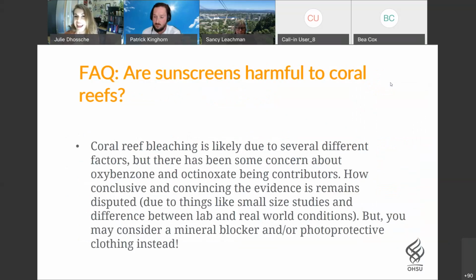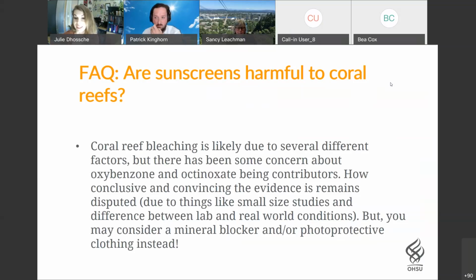One thing I also get asked about is sunscreens and coral reefs. You might have heard about this, but coral reef bleaching is something that's seen in some of the high tourist areas like Hawaii and Australia. This is likely due to several different factors, but there's been some concern about specifically oxybenzone and octinoxate being contributors.